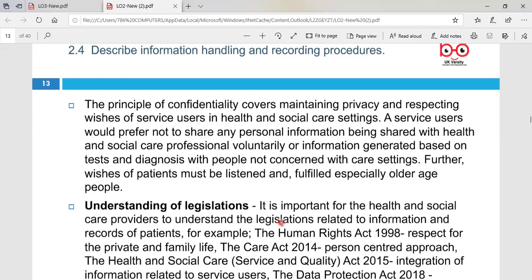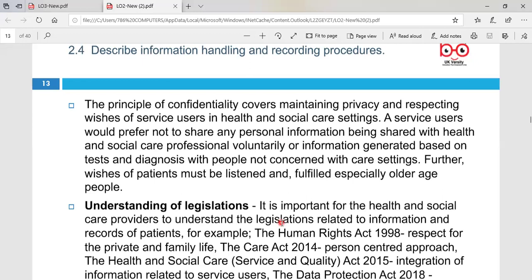So there's the principle of confidentiality, which covers the right of privacy of every service user, and respecting their wishes in health and social care settings.